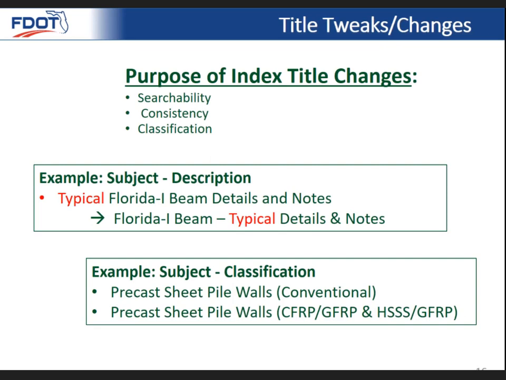There are also a number of minor changes to the names of individual indexes. Might be frustrating to you all, but when you see them listed out on the table of contents, it makes a little more sense of why we did that. Basically, the main topic of the index is the lead part of the name, and then the subcategory for the particular details that might be shown on that index number are secondary.